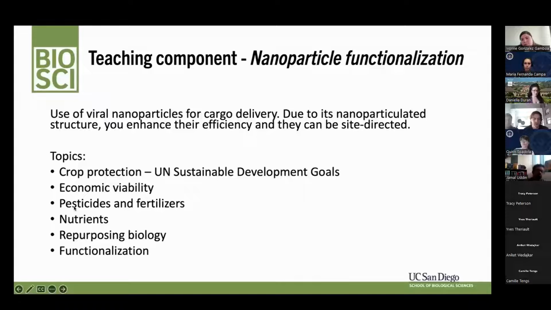Now, right now, I've only talked about pesticide delivery. However, new experiments that we've been doing are also about delivering fertilizers, delivering nutrients. So my most recent research is about first checking different types of soil and checking what their needs are.